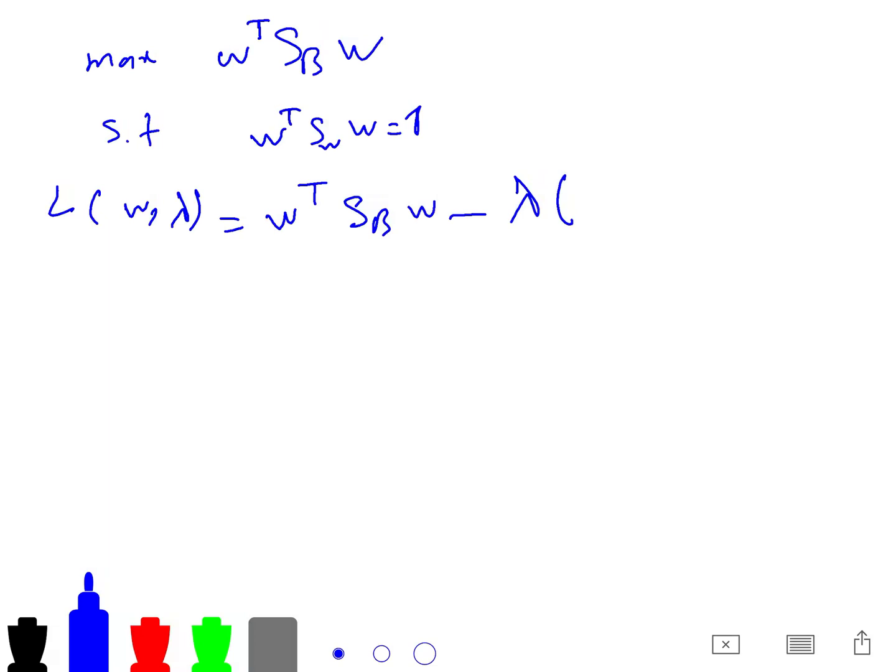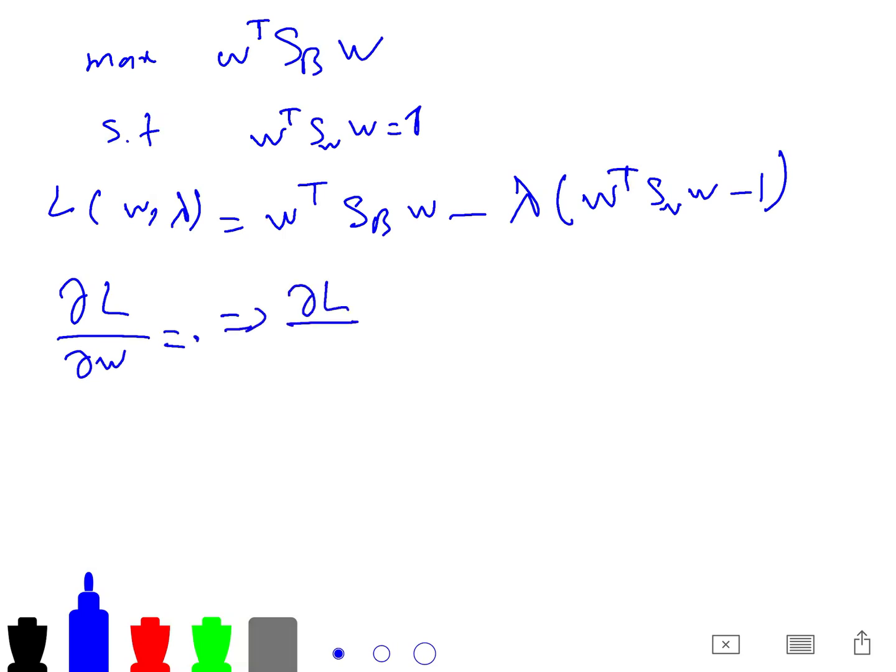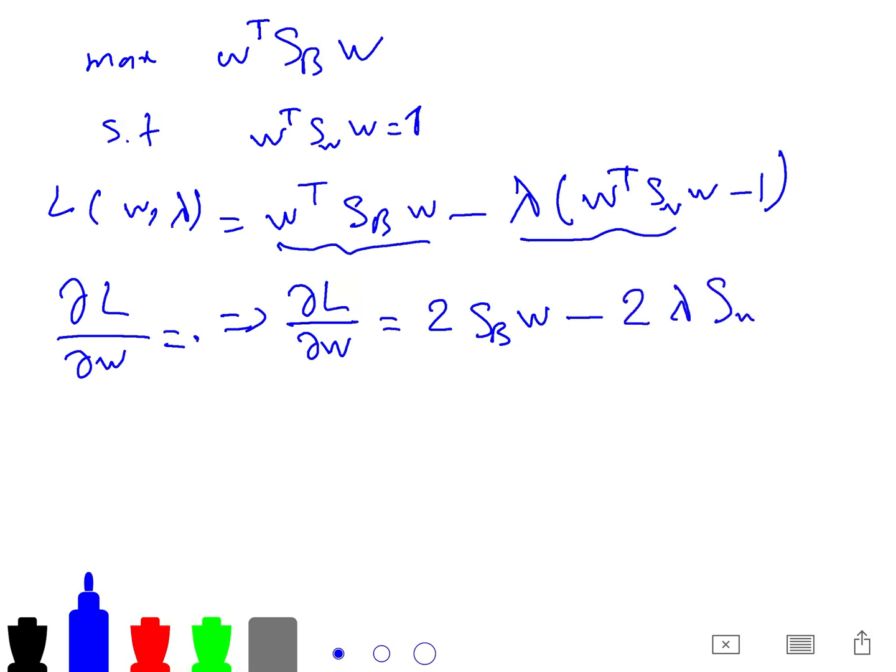It could be negative or positive. Then multiply by (W transpose SW W minus 1), and you set this equal to 0. So let's do it. You differentiate with respect to W. Because it is quadratic, it is simply 2 SB W minus 2 lambda SW W, and set to 0.